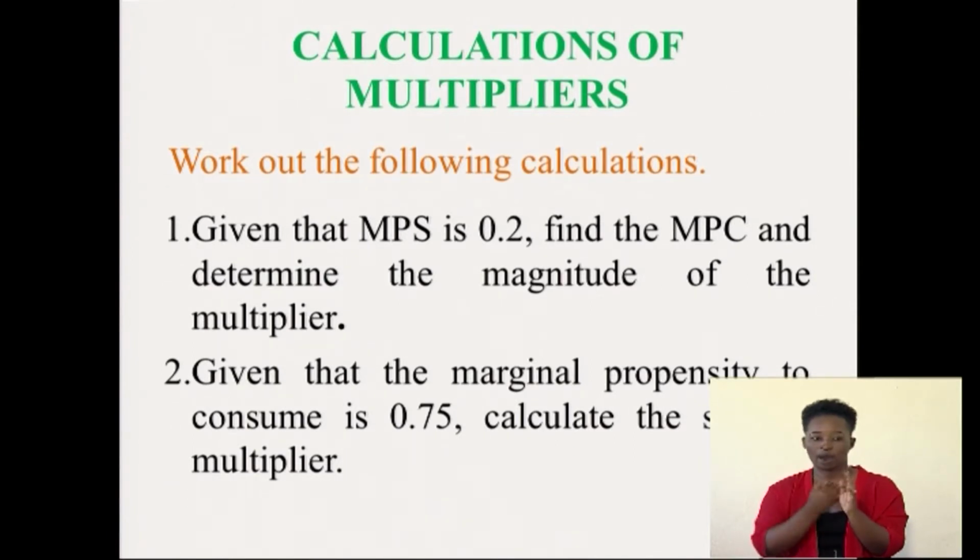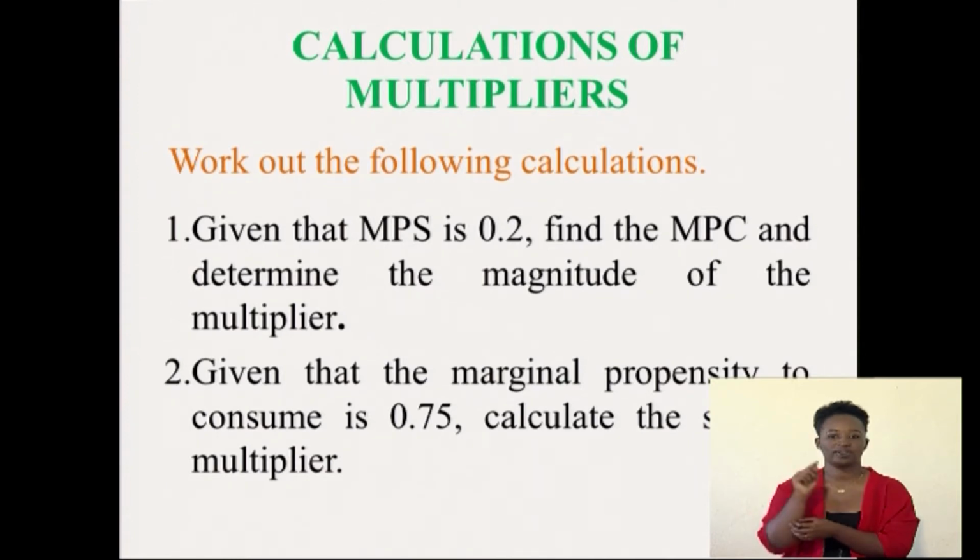Our multiplier is 1 divided by 0.25, and 1 divided by 0.25 will give us 4. The multiplier will be 4 times. That is how we calculate the multiplier given the marginal propensity to consume. That is the second question.